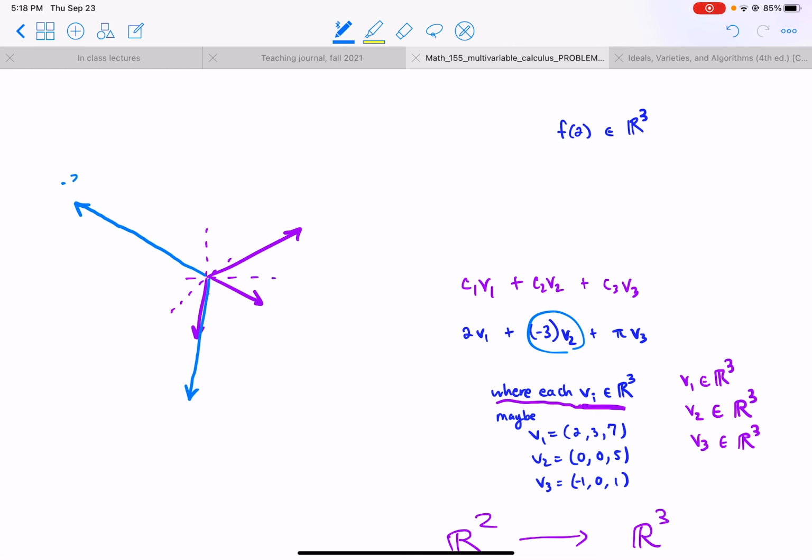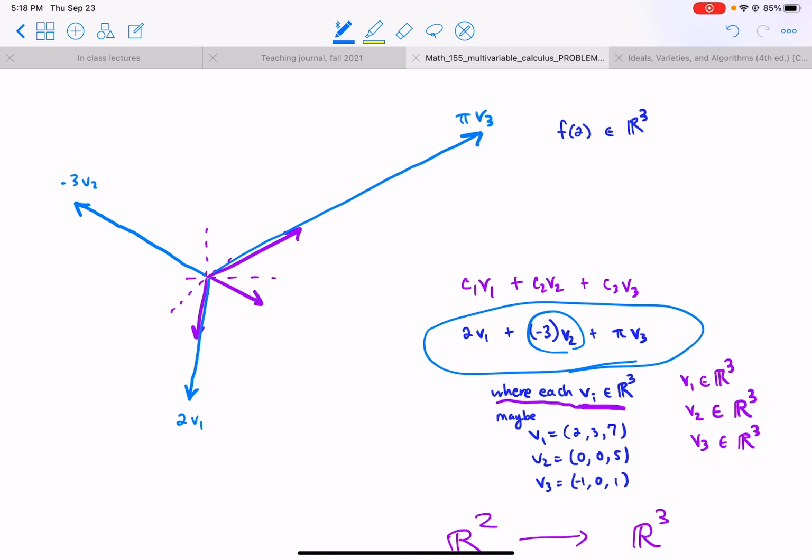So I'm going to label it as -3v2. Here's 2v1. And then scale the third by pi, which is roughly 3.14. Okay, so this is pi v3. This is my cartoon picture of this formula.